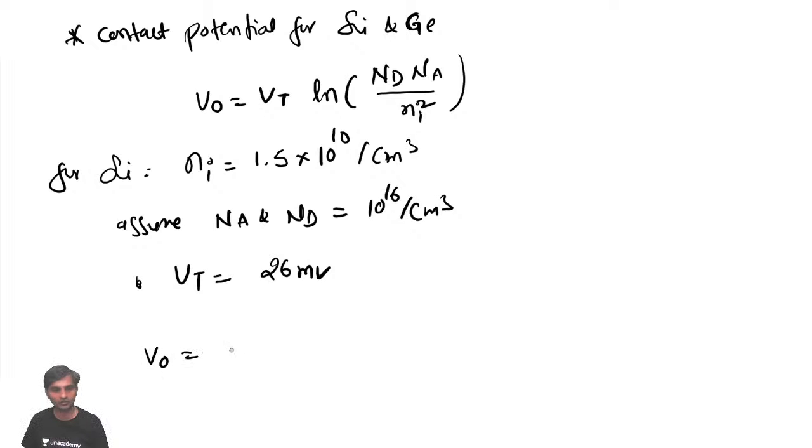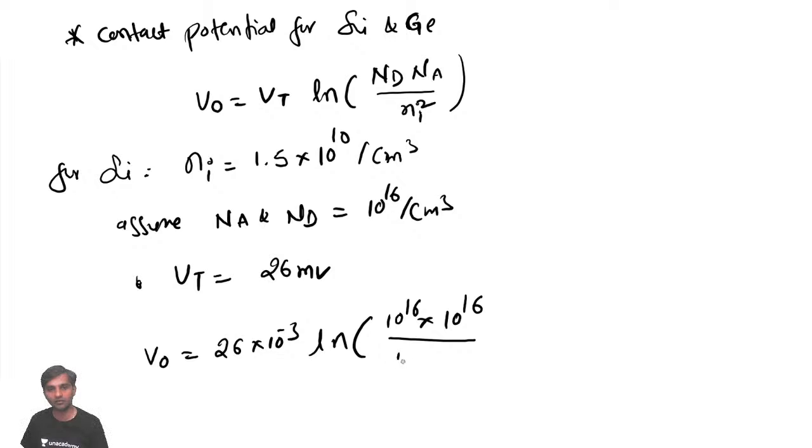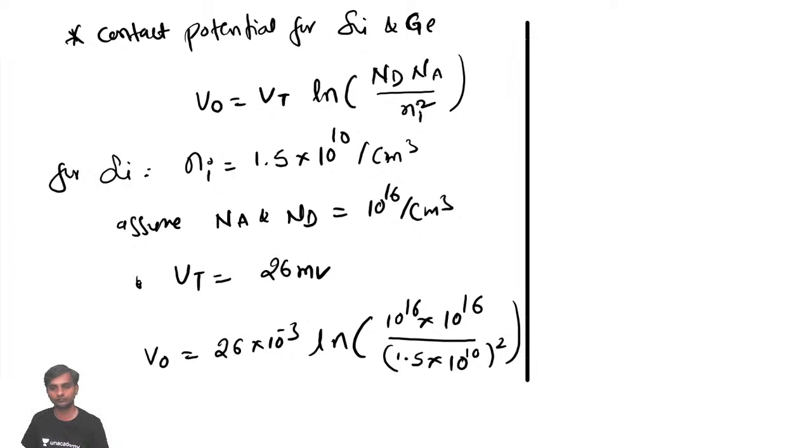So V naught is equal to 26 into 10 to the power of minus 3 into natural logarithm of Nd Na, that is 10 to the power of 16 into 10 to the power of 16, by 1.5 into 10 to the power of 10 whole square. This is VB, the barrier potential I am talking about.